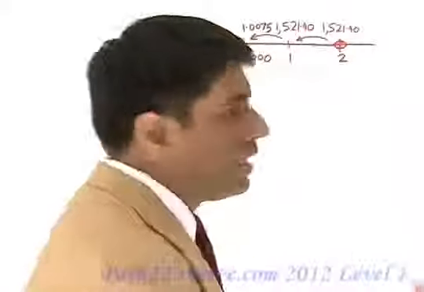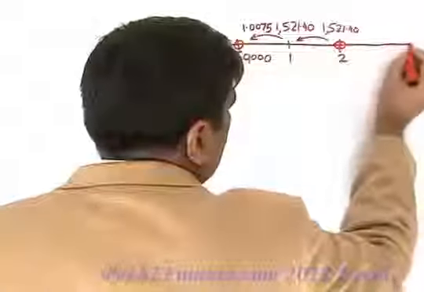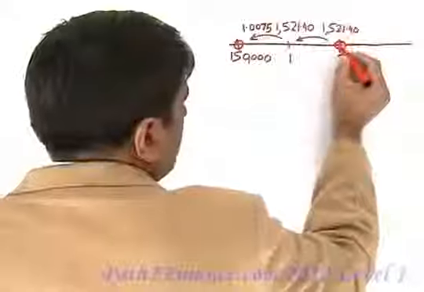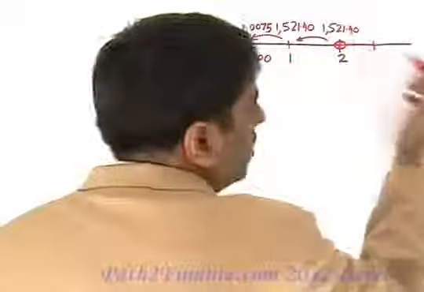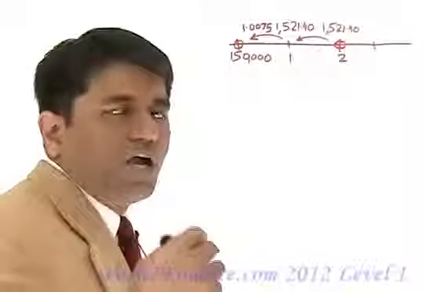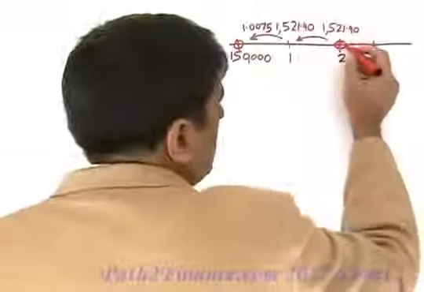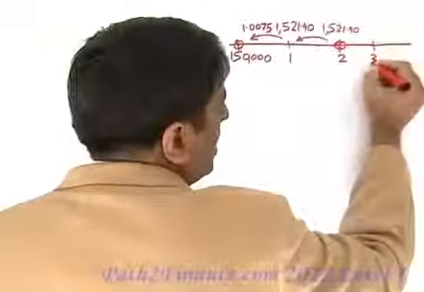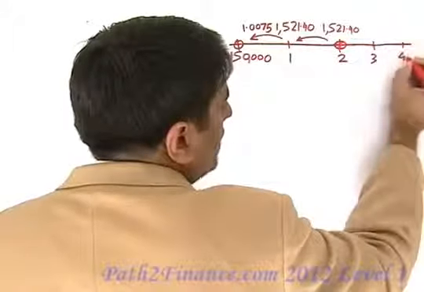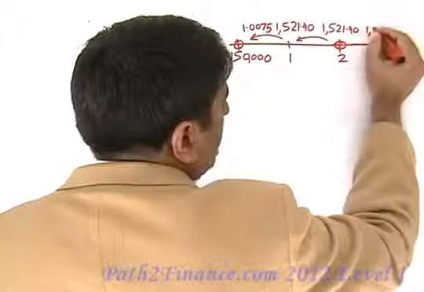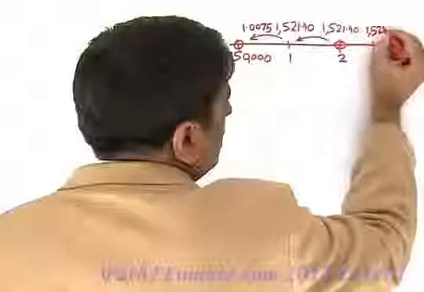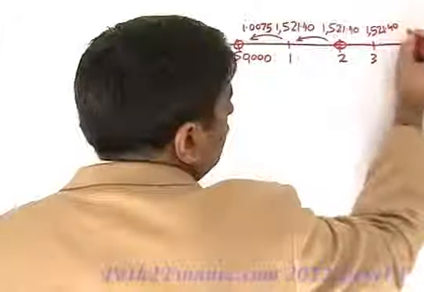Now, when you repay this loan at the second period, what you're saying is, I do not wish to make the remaining 178 payments from the third, fourth, and so on periods, and each payment is 1521.40.